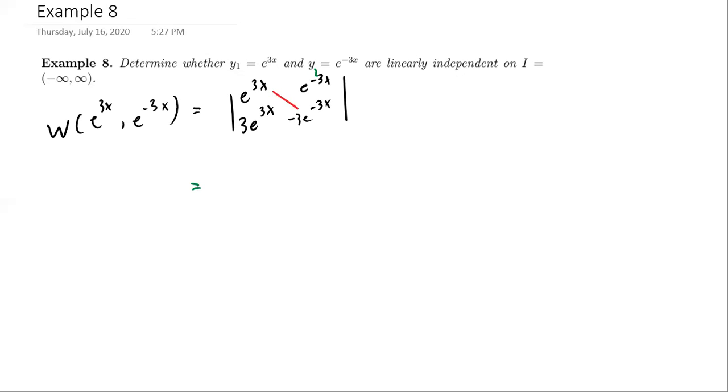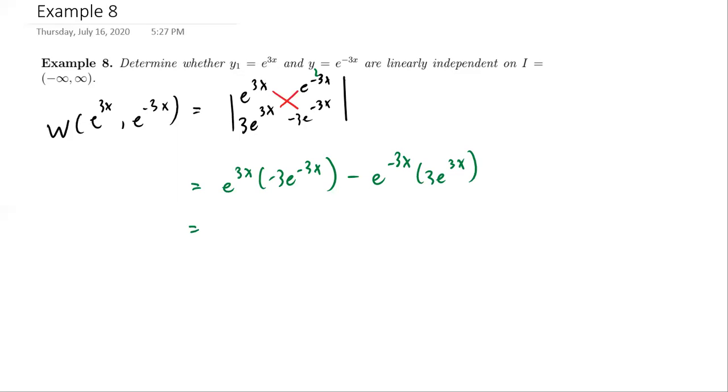So we get e to the 3x times e to the negative 3x, times negative 3 e to the negative 3x, minus the product of the other diagonal entries, right? So minus e to the negative 3x times 3 e to the 3x. So just multiply the diagonal entries and subtract them.